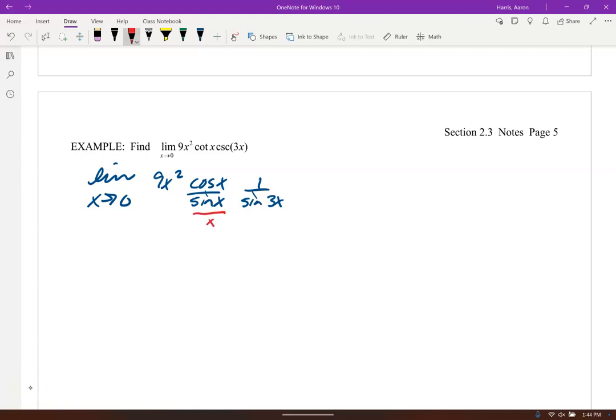So I'm multiplying by 1 over x on the bottom, which means I have to multiply by 1 over x on the top. And then that sine 3x, I want to be over 3x. So I'm introducing a 1 over 3x to the bottom, and I need to introduce a 1 over 3x to the top. And then let's see where this takes us.